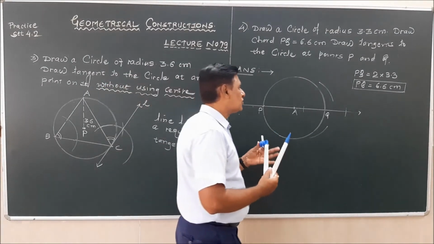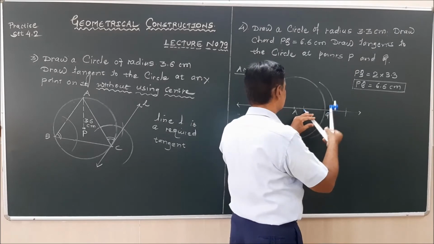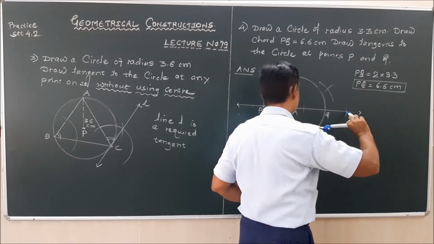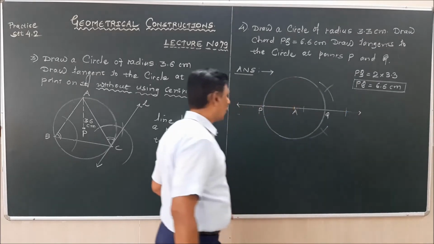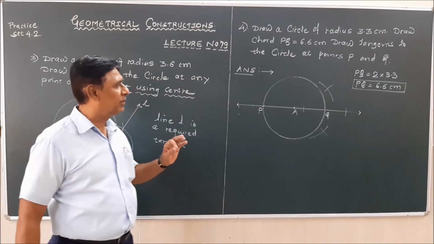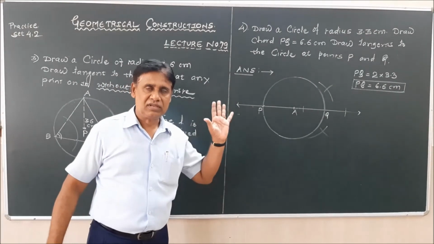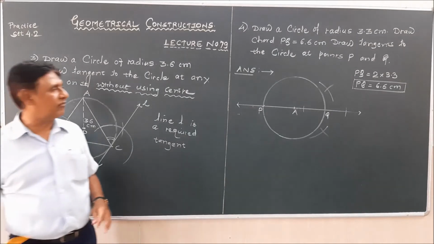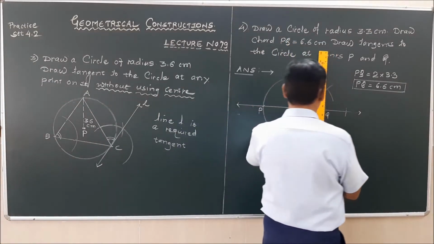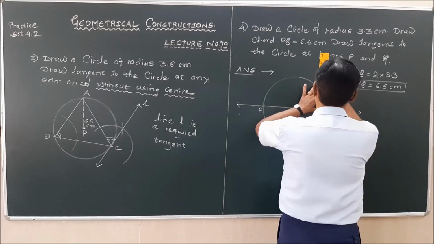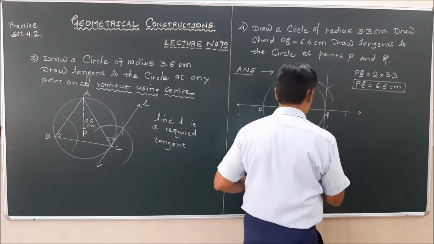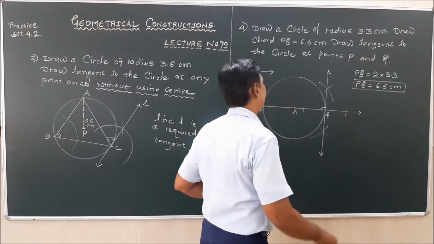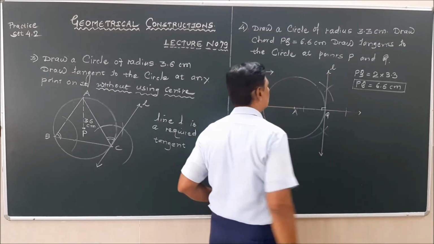Then, without changing this distance, draw intersecting arcs to the previously drawn arcs. This is a method of drawing a tangent, because a tangent is always perpendicular to the radius at its outer end. That is the theory, the tangent-radius theorem. So, by using the same theory, here you will find line L is the tangent at point Q.